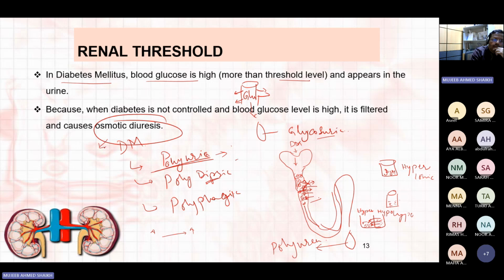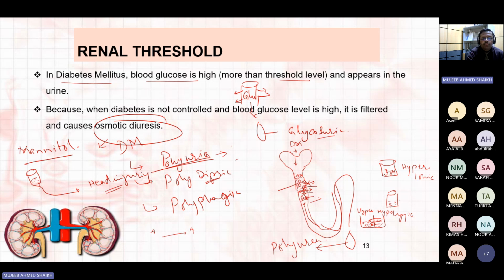With this osmotic diuresis, there is one drug or IV fluid known as mannitol. Mannitol is given IV to a person who has a head injury, when we expect cerebral edema, or edema around the brain. What does mannitol do?